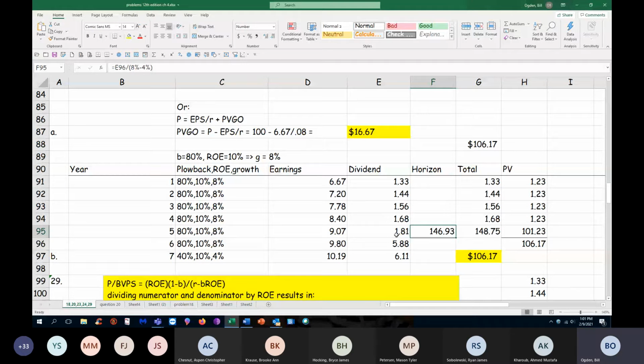All right, and then cash flow 5 will be dividend 5 plus horizon value 5. That's your cash flow 5. Dividends 1, 2, 3, and 4 will be cash flows 1, 2, 3, and 4. And if we discount these back to present value at 8%, we find the value of the company stock is 106.17.